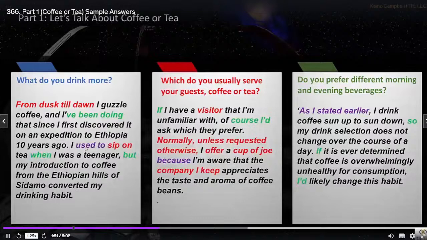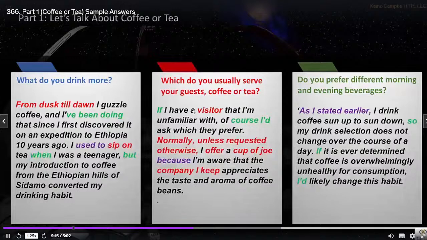I used to. Again, this is how we can have more fluency going from the past into the present. Sip on, a really good phrasal verb meaning drink. And this is actually a compound complex sentence here, which really resonates well with the examiners. When and but.